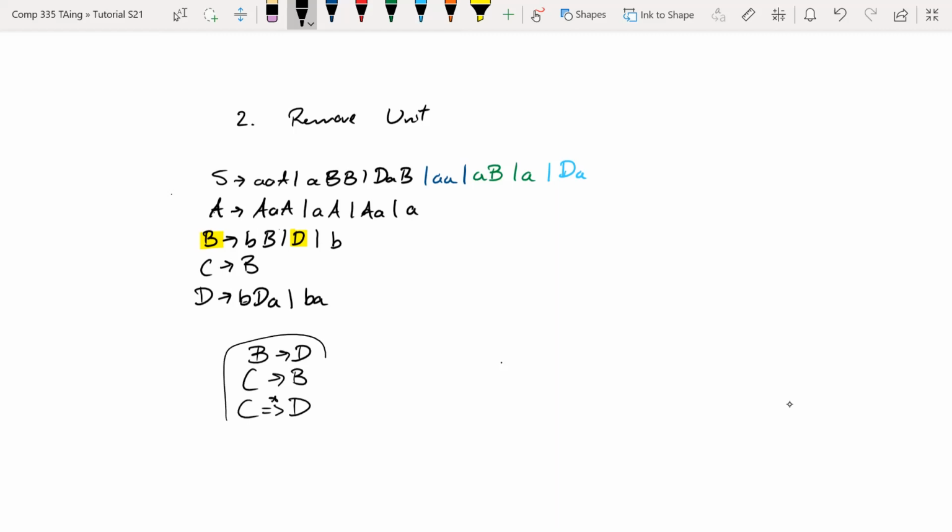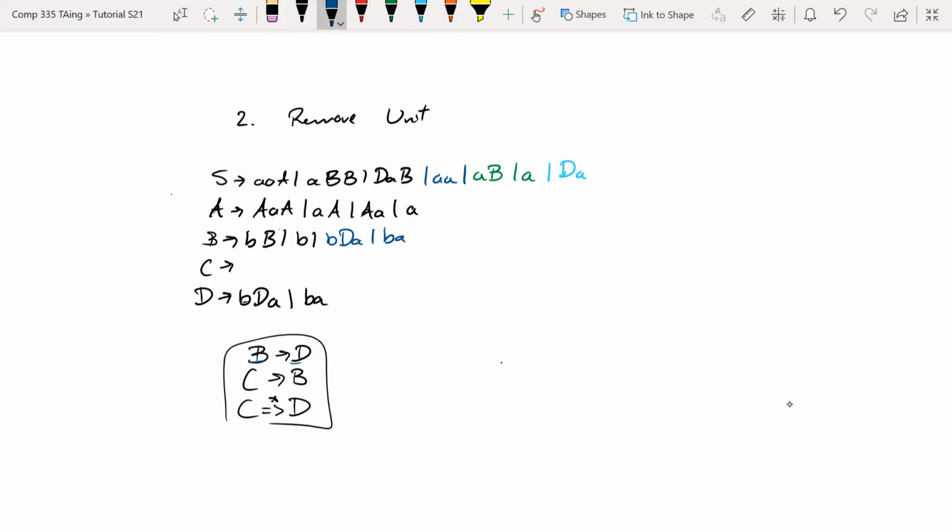Okay, so to remove unit productions, I just need to copy all of the non-unit productions. In this case, because copying is dangerous, I'm going to just remove the unit productions from this grammar. And then I'm going to add the non-unit productions of each of the variables. So in this case for B, B gives me D, so I'm going to add the ones for D: BDA and BA.